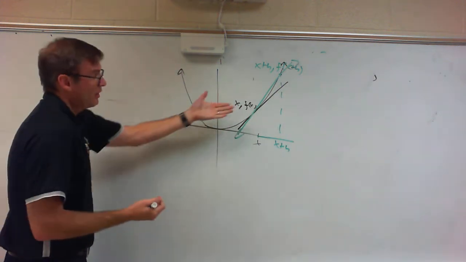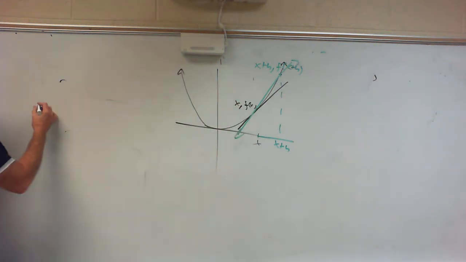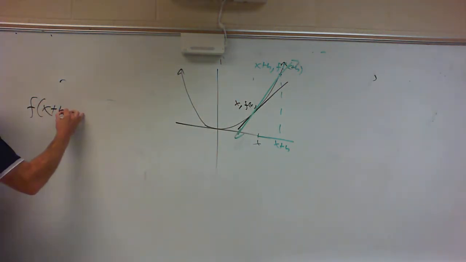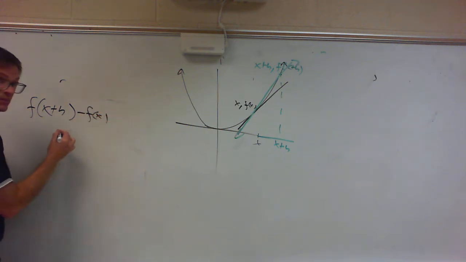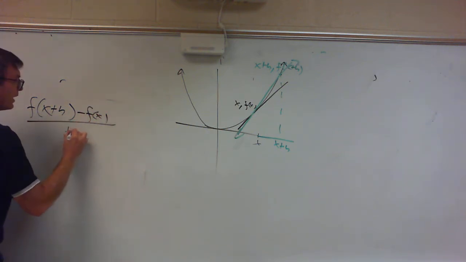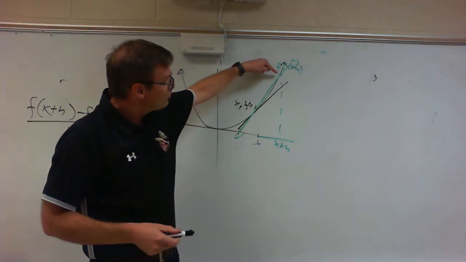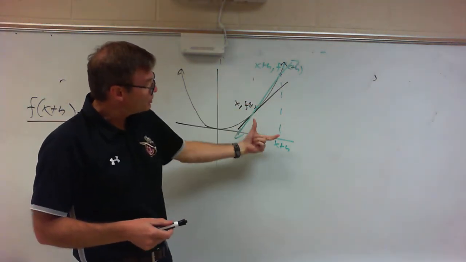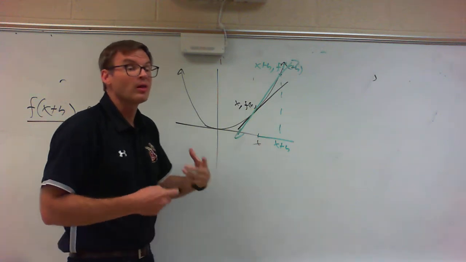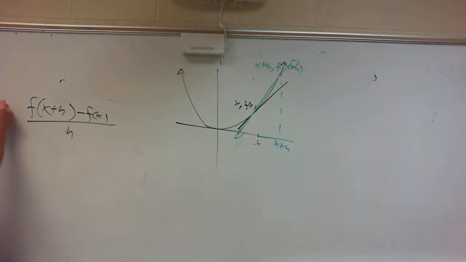When we found the slope of the green line, that was f of x plus h minus f of x, all over h. And here's the trick. The way we move the green dot closer to this dot is we make h really, really small. So I take the limit as h goes to 0.